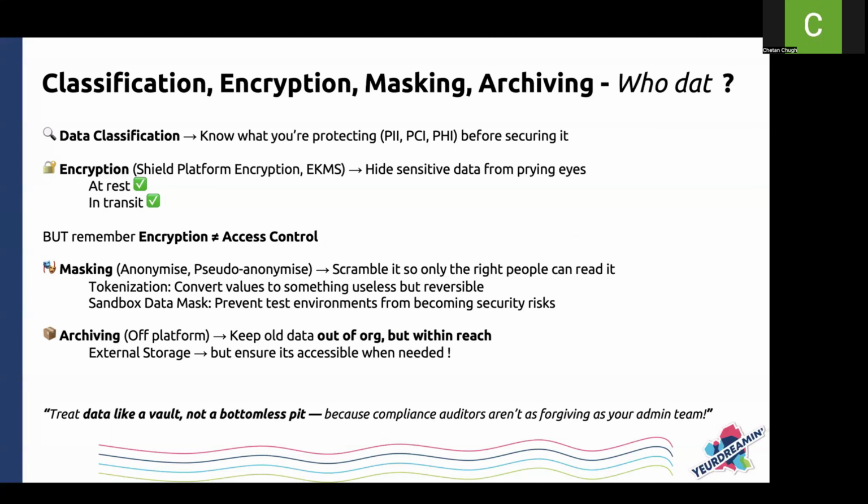Salesforce has done some really nice upgrades in the last two releases where you can do integrations with the external key management systems. Also think about encryption in transit. When you're communicating the data to the external systems, it needs to be encrypted there as well, right? So data masking, like anonymization or pseudo-anonymization, so tokenization.